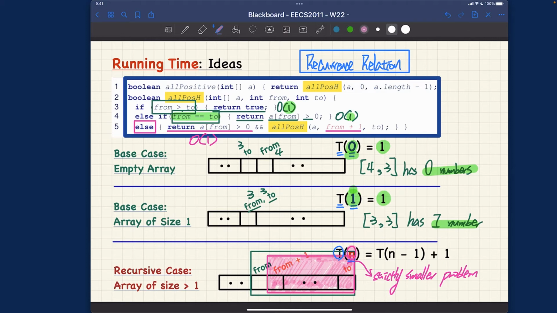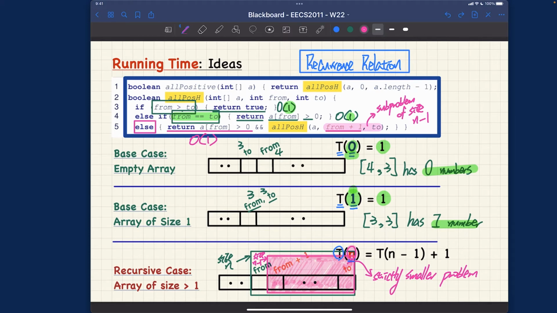For the recursive case, this part over here is really the subproblem of size n minus 1. You can think about it as the original problem of size n, and this over here is the subproblem of size n minus 1, because we're just reducing 1 number from here. So how do we formulate this?